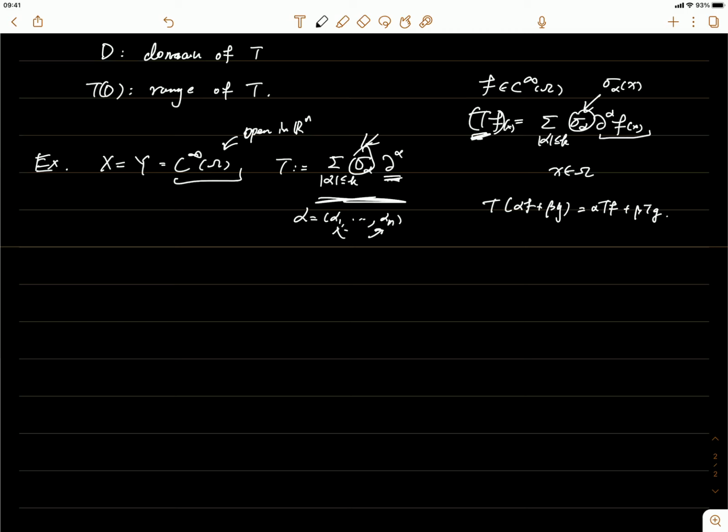So what is the definition for that? Say I have X, Y, and I say u is in C(omega), and again this omega is open, let's say an open bounded set in R^n.